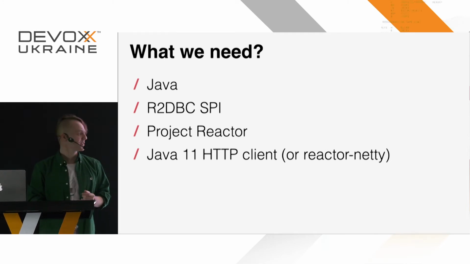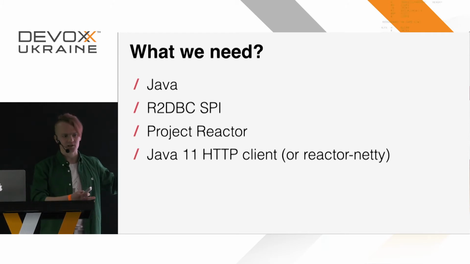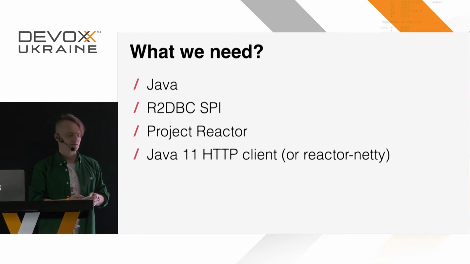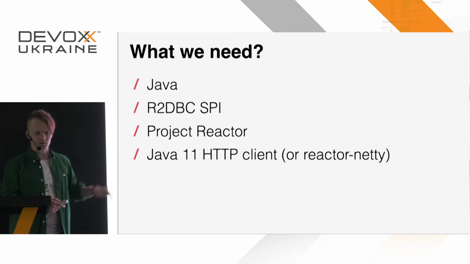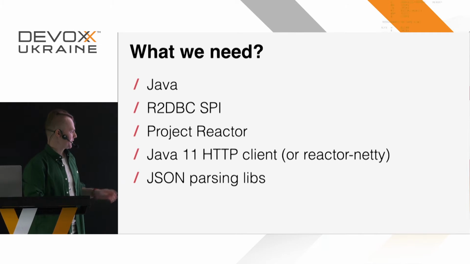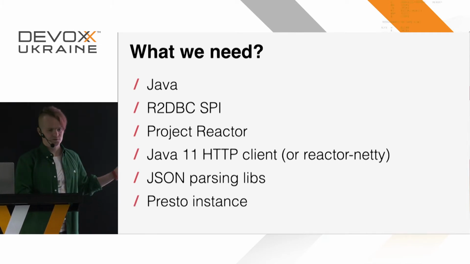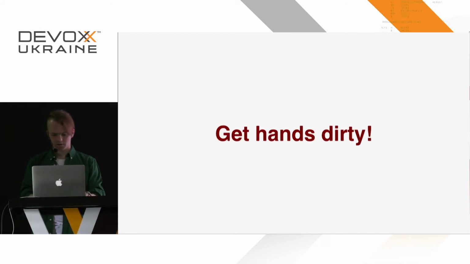And for ease, I will use the Java 11 HTTP client. That client is reactive itself. It's a new, cool client in Java 11 that supports reactive semantics. Usually, libraries use something like Reactor Netty, but it would be OK for us. We will do JSON parsing, so we add some libs for that. And of course, we need a Presto instance. So let's get our hands dirty.